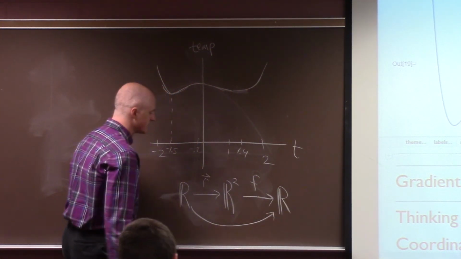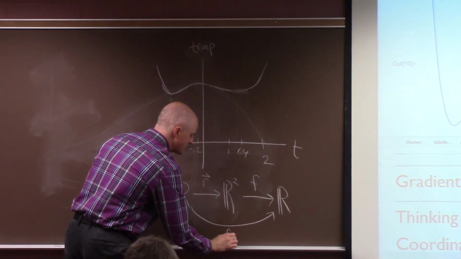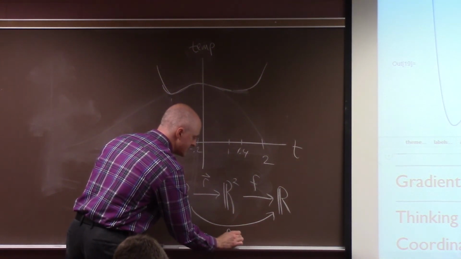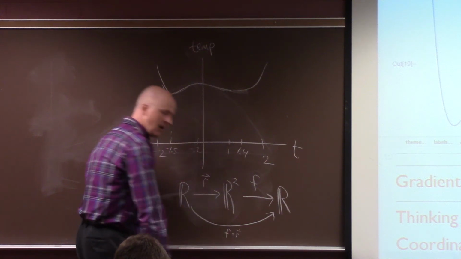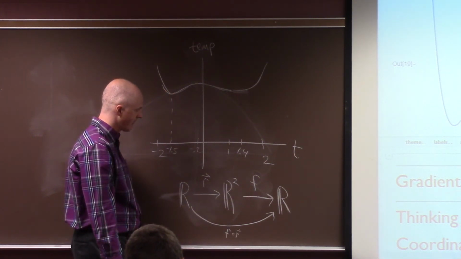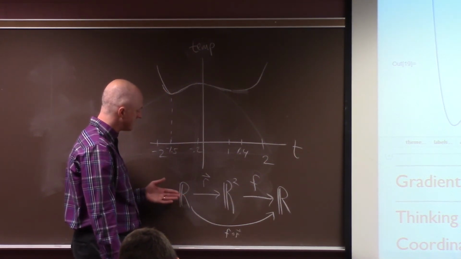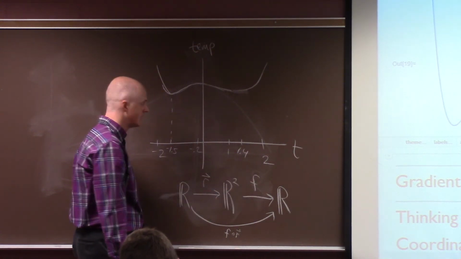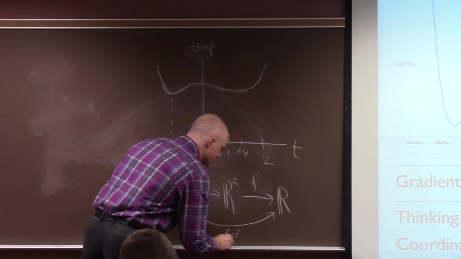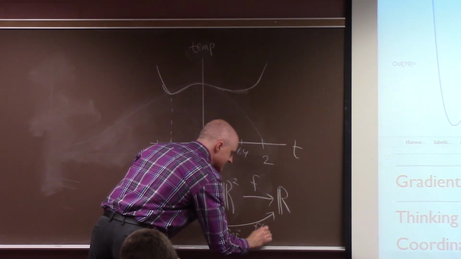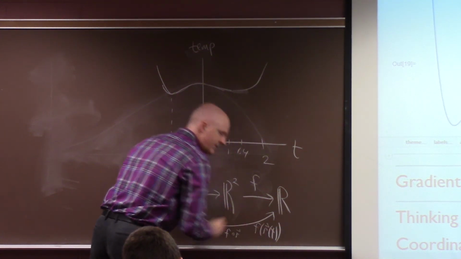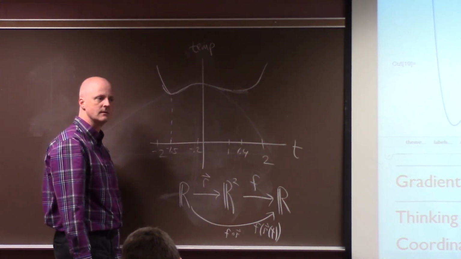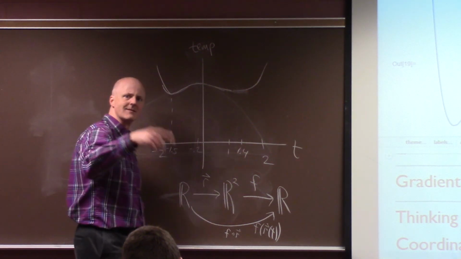When you compose those functions, which you can think of as one of these circle operations, f circle r, that's a regular function that takes real numbers as input and gives you real numbers as output. If you've never seen the circle notation, essentially we're plugging r into f. That's what the circle notation means. Can you see that in the video?